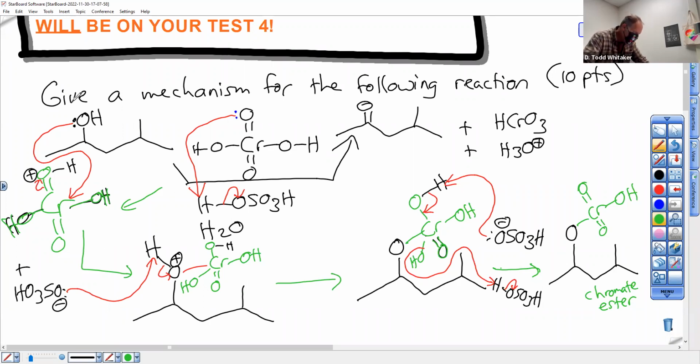So this O ends up in the chromate ester attached to chromium. And you got to realize which atom is being lost from the carbon skeleton here to get to the same carbon skeleton here. So which atom is lost from this carbon skeleton to get to this carbon skeleton? There's an atom missing from this skeleton that was on this one, right down here.